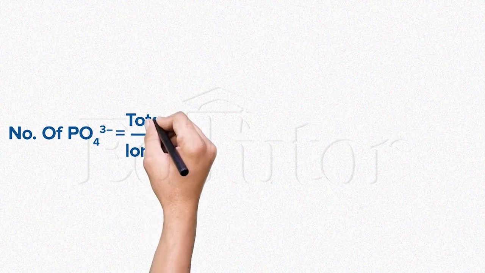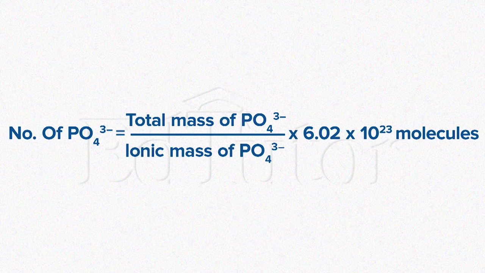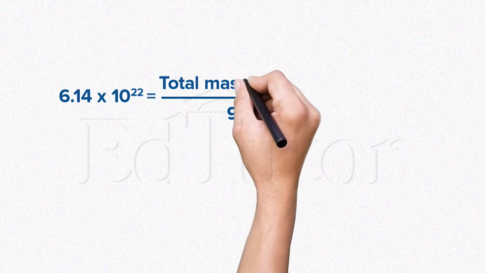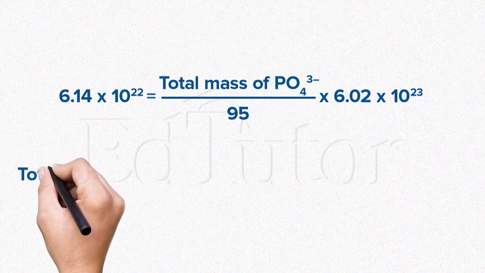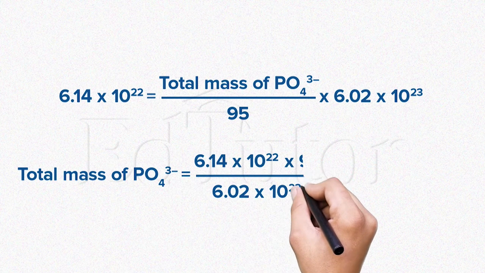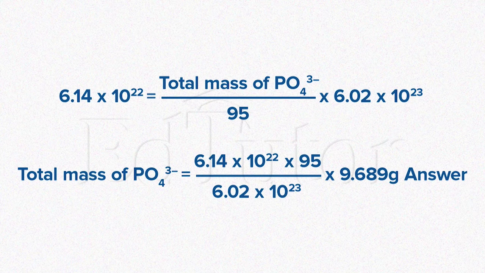In the same way, we rearrange the formula to find the total mass of phosphate ion, and after entering the values, we get 6.14 into 10 to the power 22 multiplied by 95 divided by 6.02 into 10 to the power 23. Upon solving it, this gives us 9.689 grams, which would be the total mass of phosphate ions.